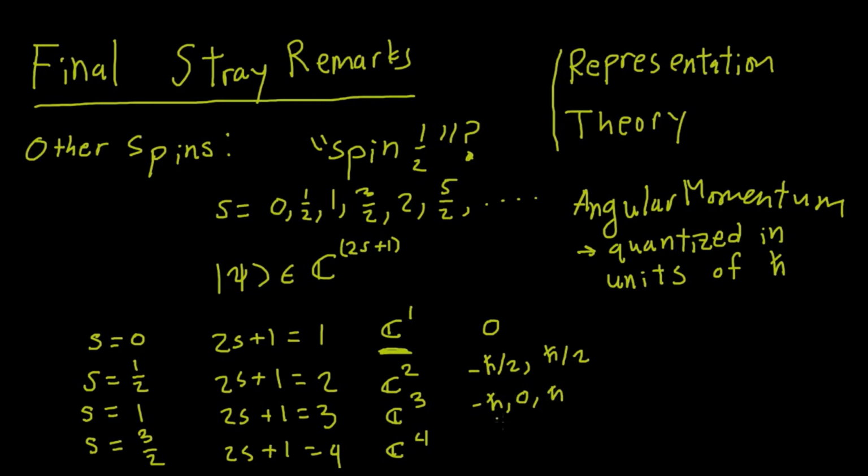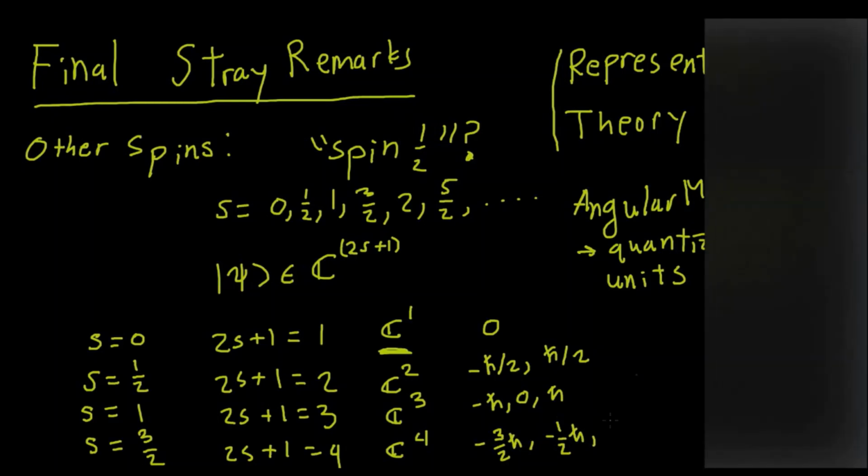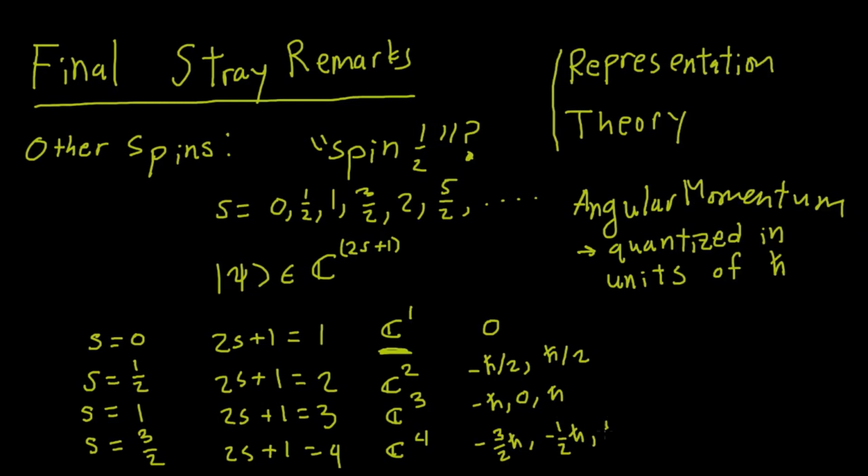For a spin 3/2 particle, the angular momentum could be minus 3/2 h bar, minus 1/2 h bar, 1/2 of h bar, or 3/2 times h bar.